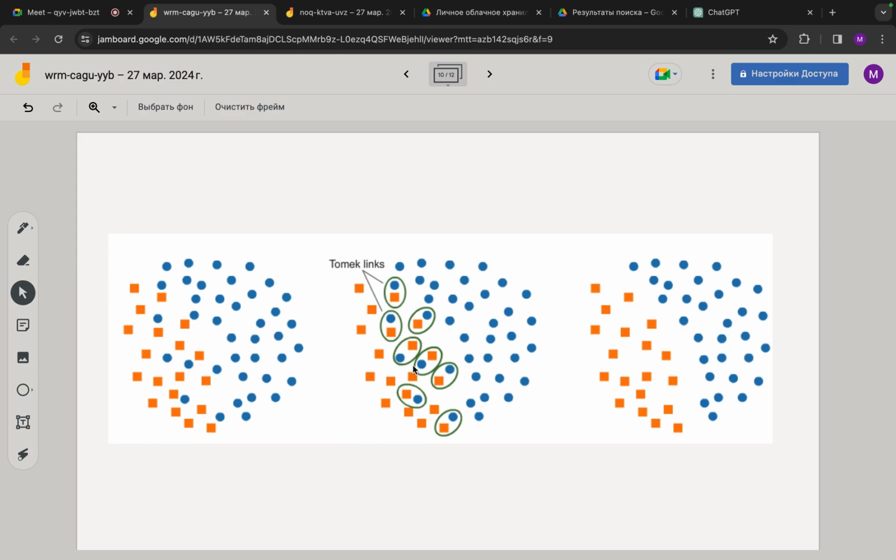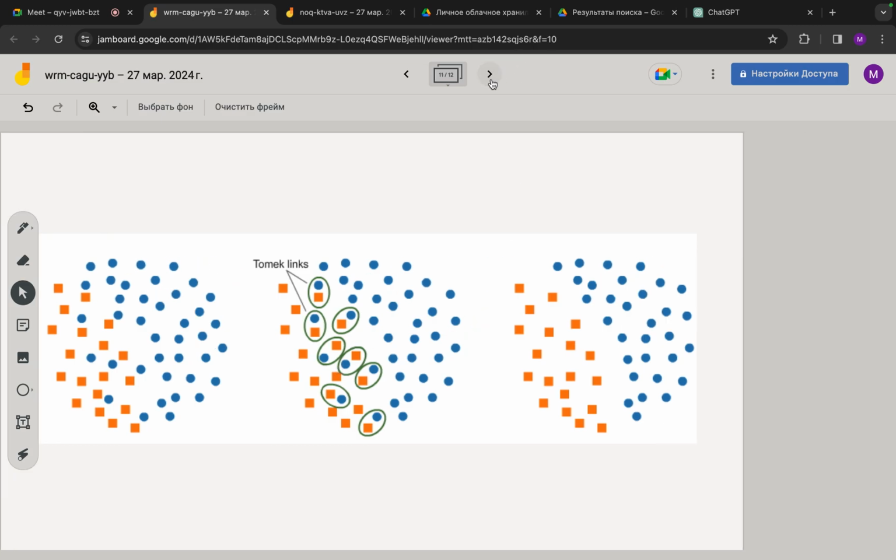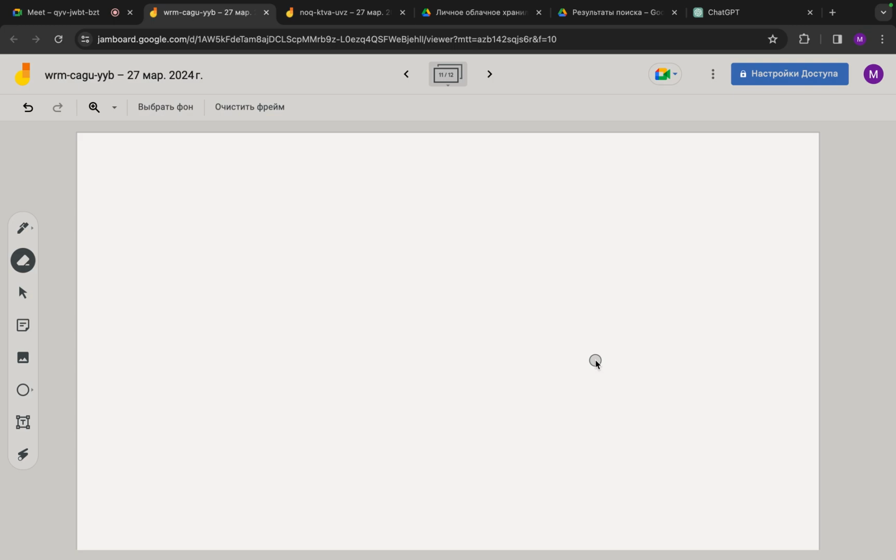The next method is called the ensemble method. I'll try to explain it now. If we had two classes, let's say this one has 3000 samples and this one has just 1000 samples.